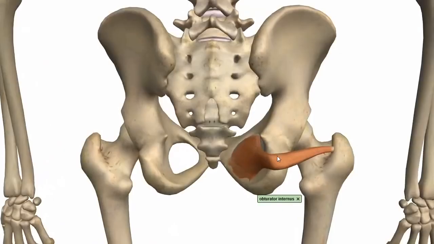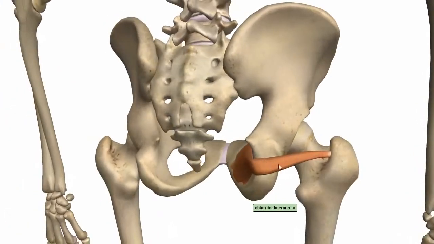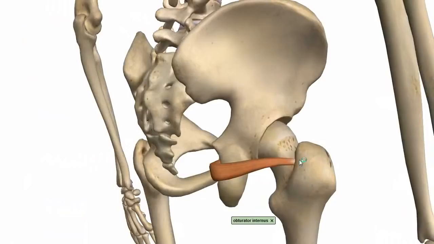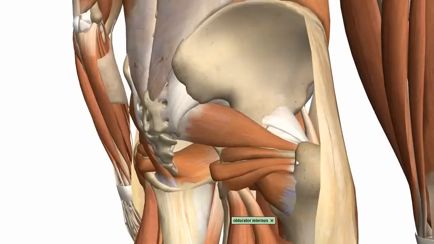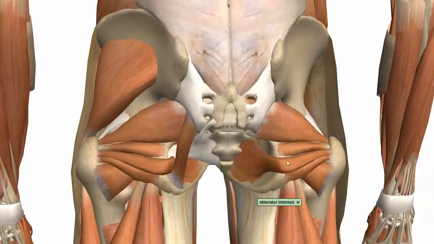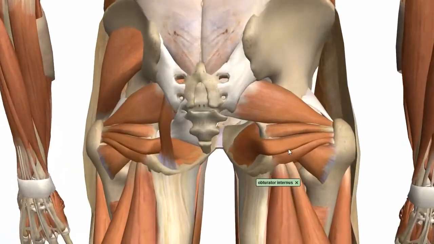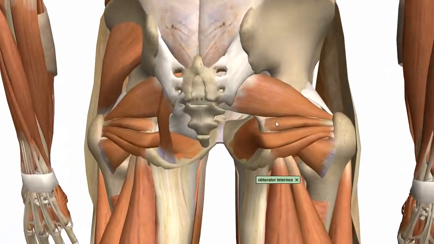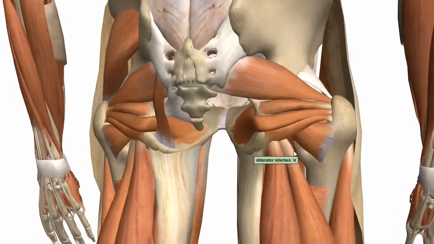So you can see it originating here, and it bends 90 degrees round and then comes to insert on the femur at the greater trochanter. So that's the obturator internus muscle, and you can see that 90-degree bend and its origin on the obturator membrane on the medial surface. So you've got the piriformis, then you've got the superior gemellus, the obturator internus, and then the gemellus inferior underneath the obturator internus.